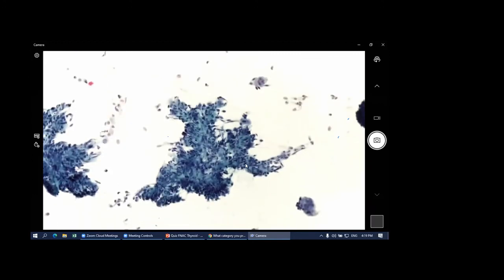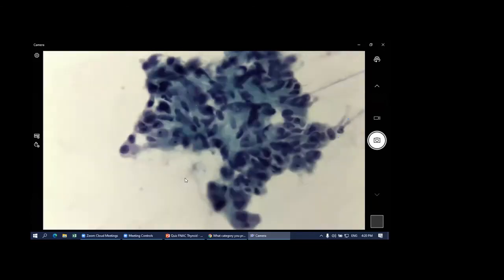It looks like a lymph node smear. It started to have this artifact of smearing, so it looks very spindly. Then let's focus into the area that does not have that smearing artifact.